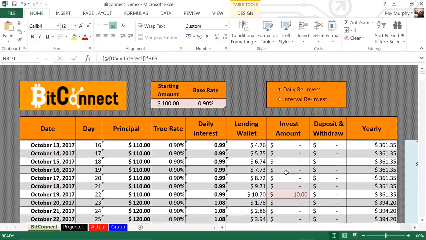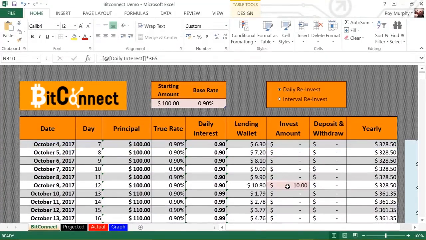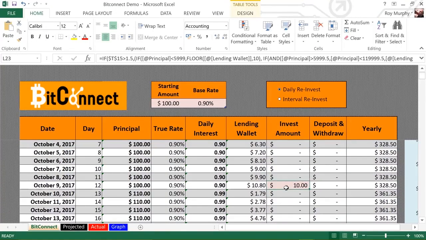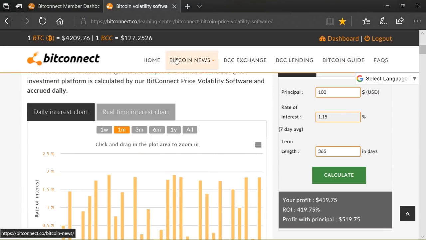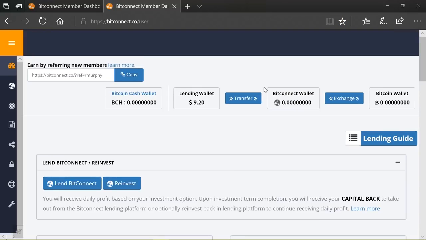Now if we scroll back up, you can see the investment amount here in pink. These are all $10 reinvests. If we put in just $100, on day 12 we can put in $10 worth of interest. This is $10 that will be sat inside your Bitconnect lending wallet.